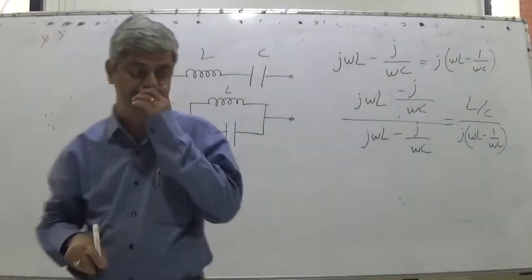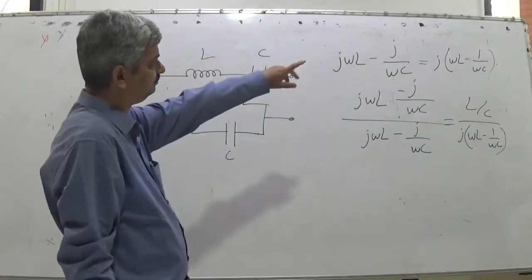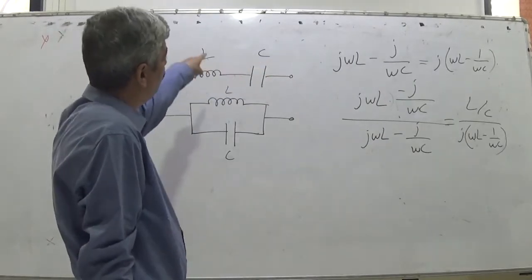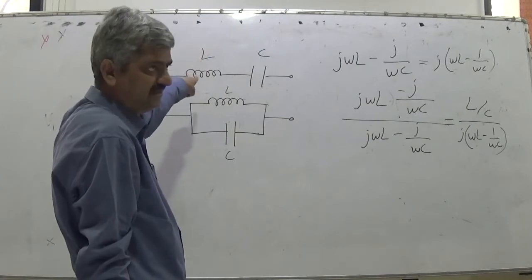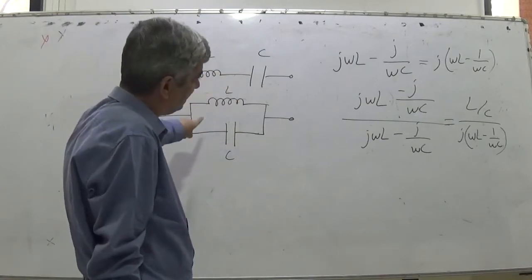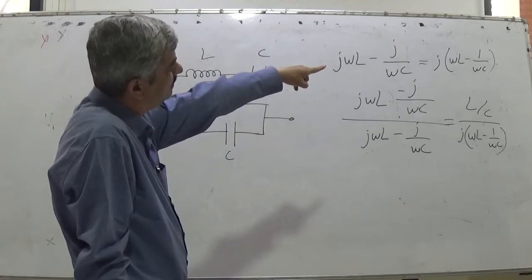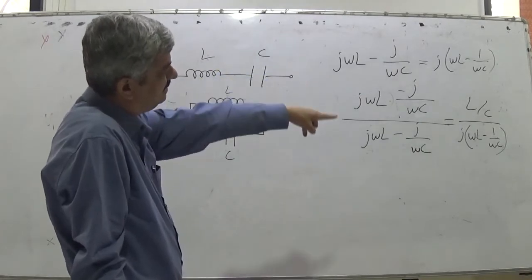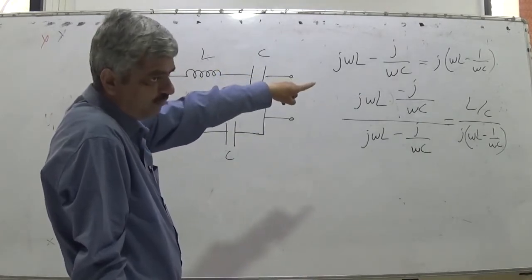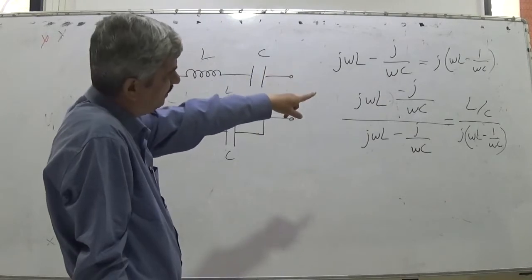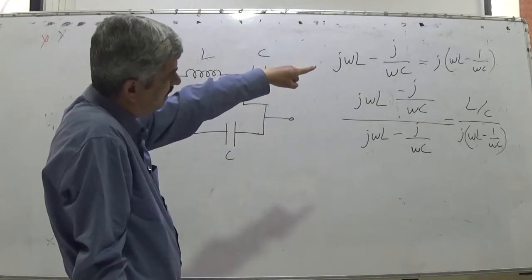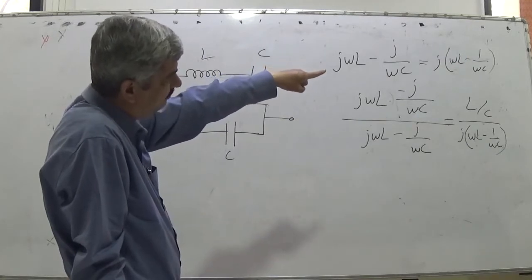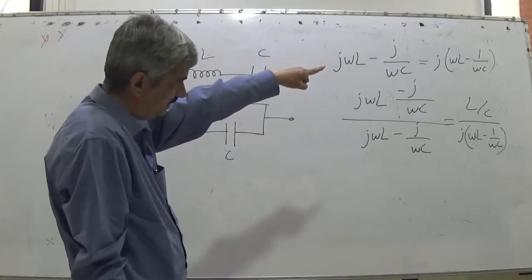Now, is it right? Both of these combinations, impedance of LC in series and impedance of LC in parallel, this is in series, this is in parallel. Yesterday we talked about small frequencies, where the bracket is negative, so it works like that for the series circuit.